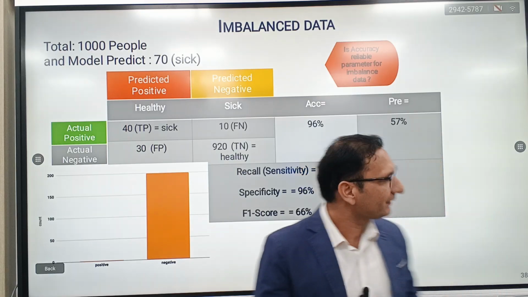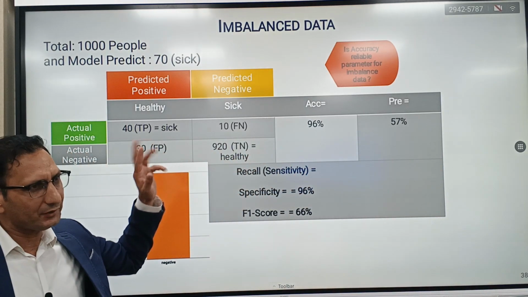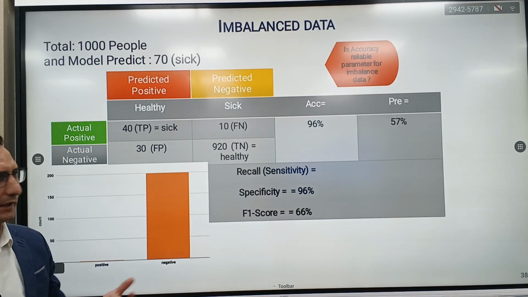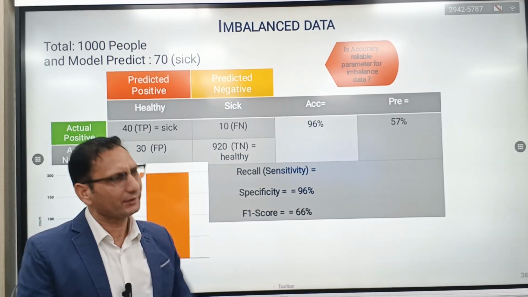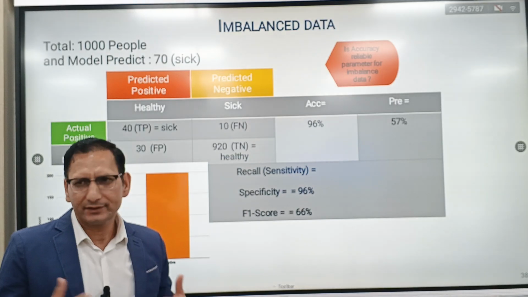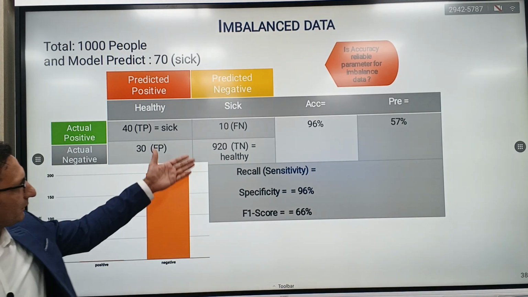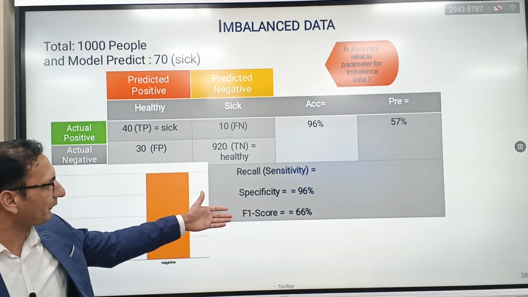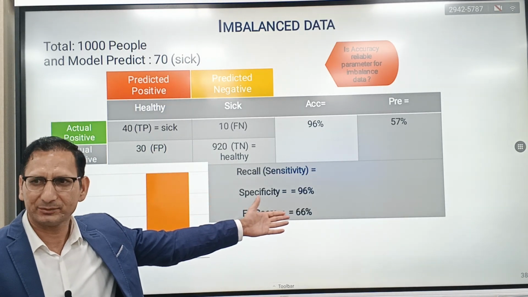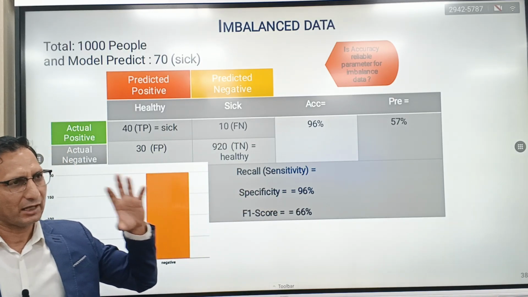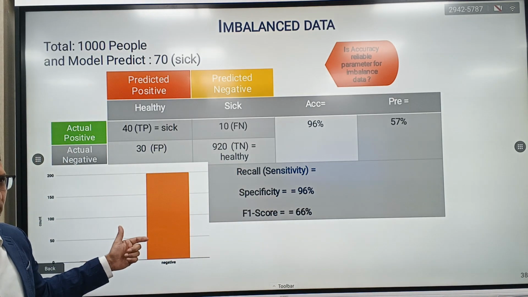So accuracy of 96 is so high, close to 100%, it means the model is perfect. Precision shows the model is not perfect, so there is something wrong with the model. So what you do, you calculate recall, specificity, and F-score, and see that the F-score is 66%. That's why people don't calculate accuracy when the data is imbalanced, especially in every field.